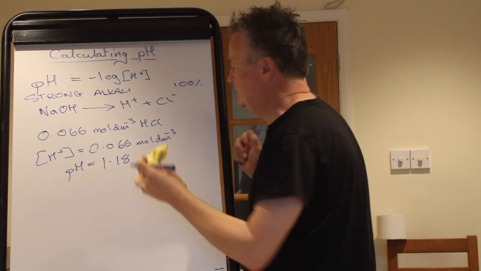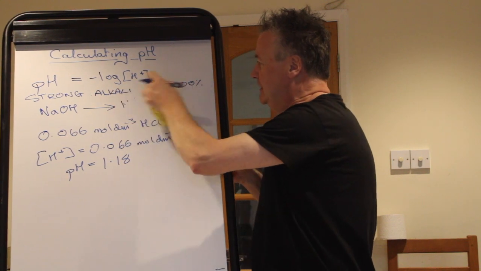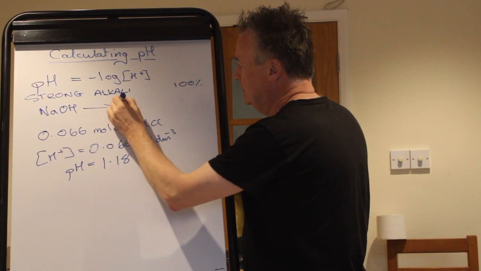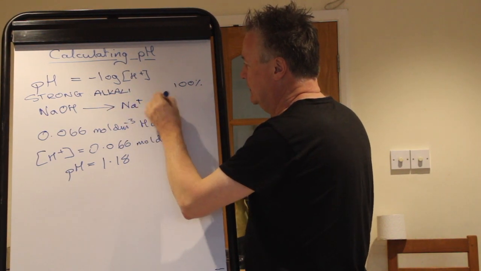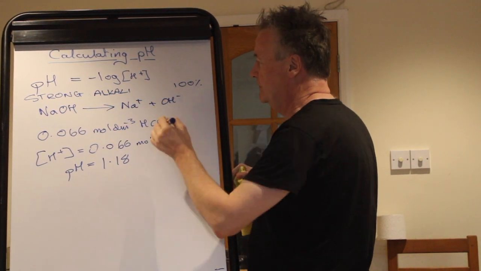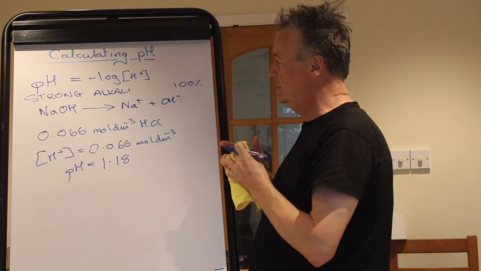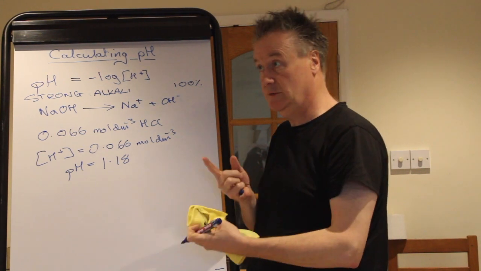Sodium hydroxide, potassium hydroxide is another one. It then becomes Na plus and OH minus, 100% again, because strong means 100%.